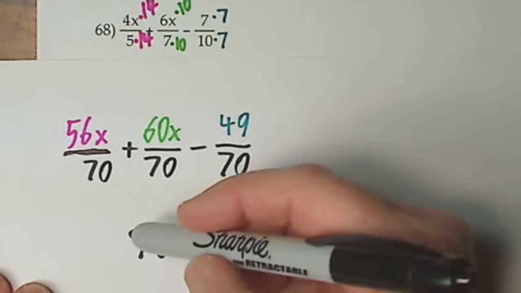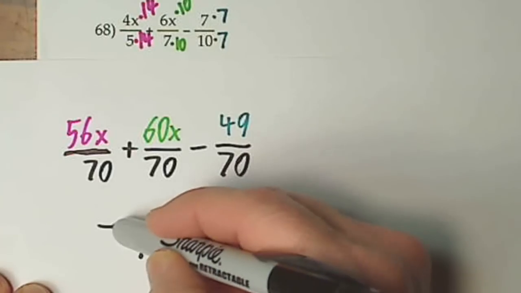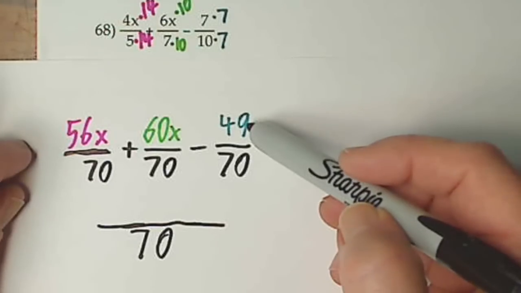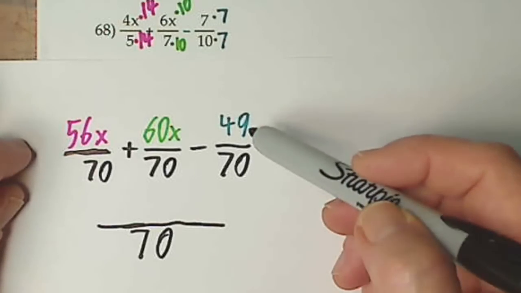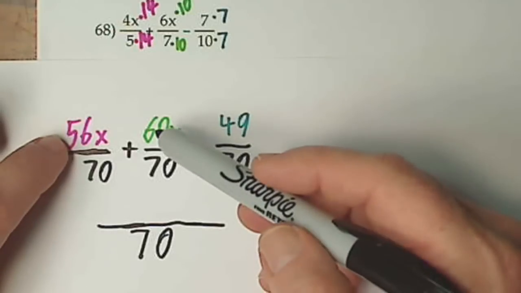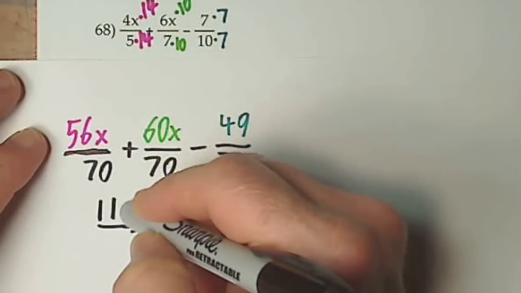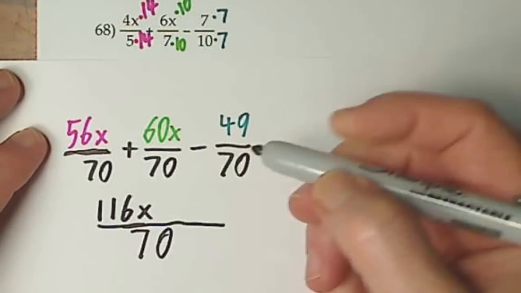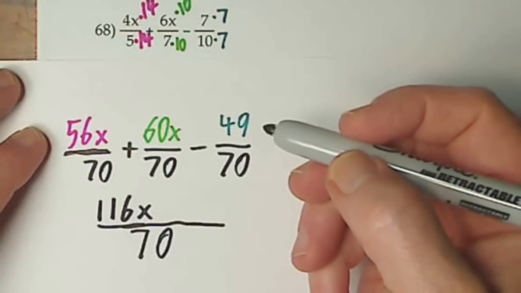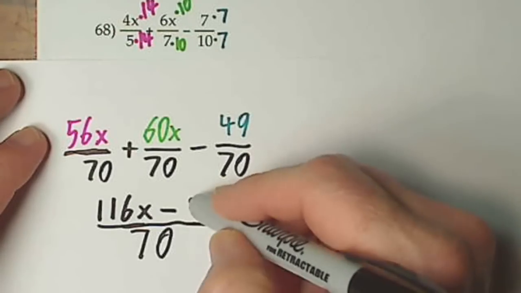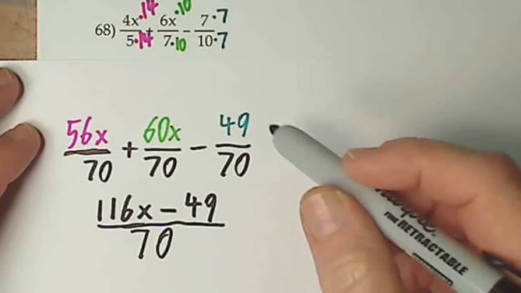So, and in the numerator, I'm going to need a long numerator. I can combine these two, they're like terms, but this 49, I'm not going to be able to combine it. Okay, so that would be 116x minus 49. Okay.